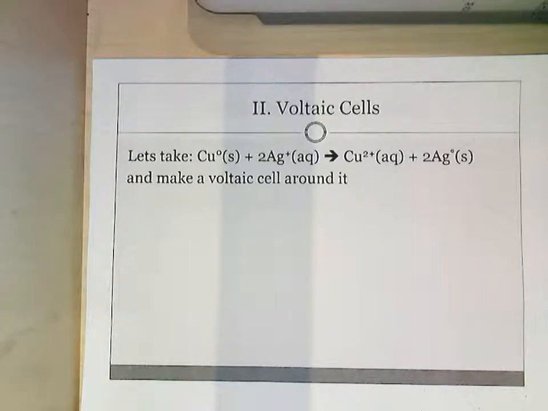All right, so now that we can do a fairly good net ionic equation, predict the products, and figure out who's oxidized and who's reduced in a solution, we want to put it all together in what's called a voltaic cell.